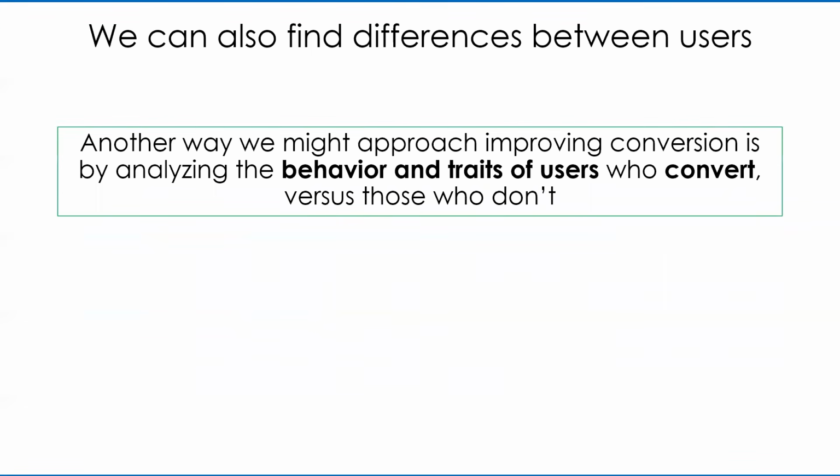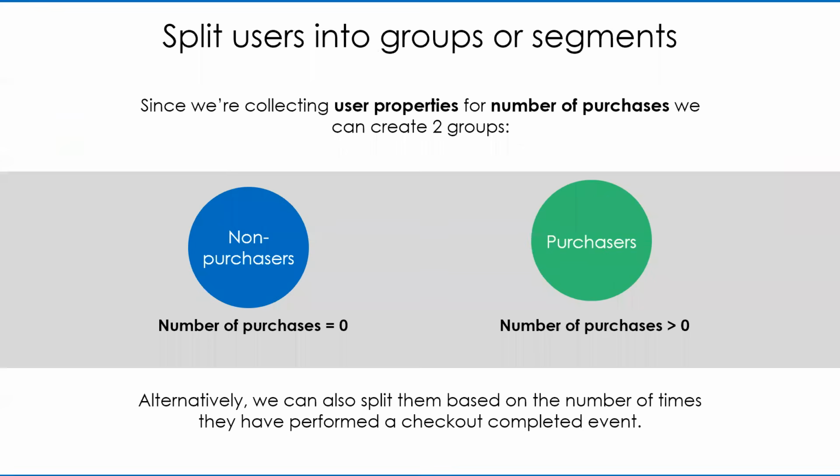Great. So another way we can look at conversion, or another hypothesis we might have for our conversion being bad, is that we aren't encouraging users to perform actions that lead to checkout. So we might want to test this hypothesis by looking at different users. We can split users based on their behavior and traits just to analyze how your good users behave compared to your bad users.